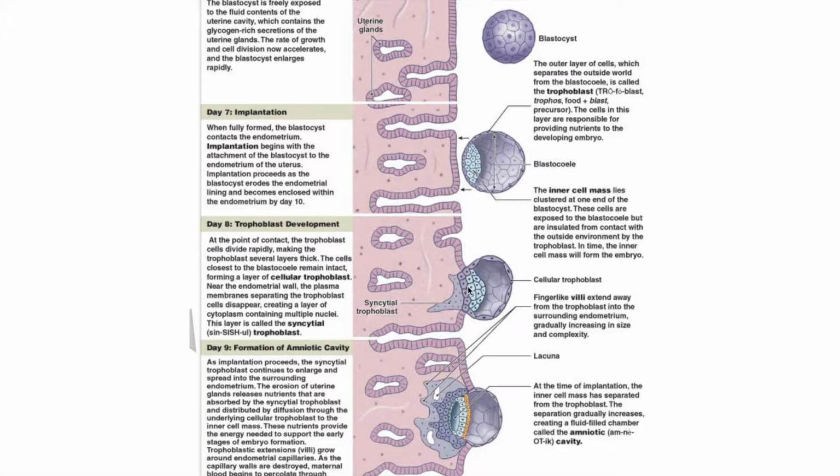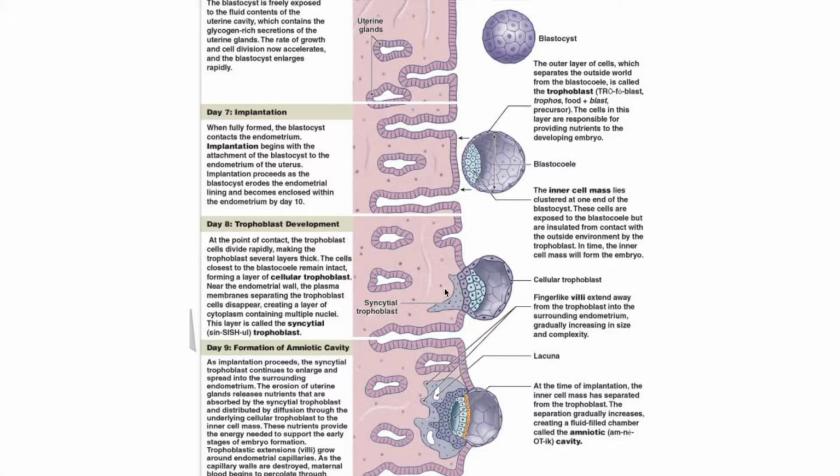The trophoblast cells at the point of contact divide rapidly, making the trophoblast several layers thick. The cells closest to the blastocyst remain intact, forming what's called the cellular trophoblast. Near the endometrial wall, the plasma membrane separating the trophoblast cells disappears, creating what's called the syncytial trophoblast. So this is several cells have merged together to form this.